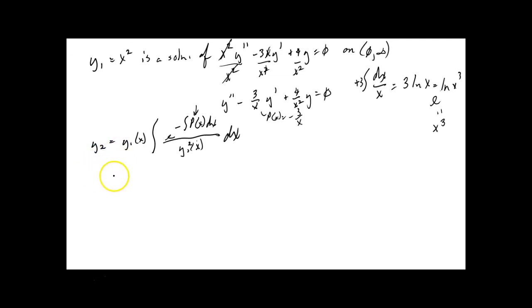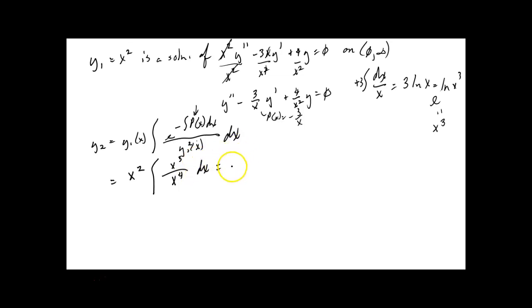Our y2 is equal to our y1, which is x squared, times the integral of, and your numerator here was x cubed, and your denominator is x1 squared. x1 was x squared, square that and you get x to the 4th, and then you have your dx.